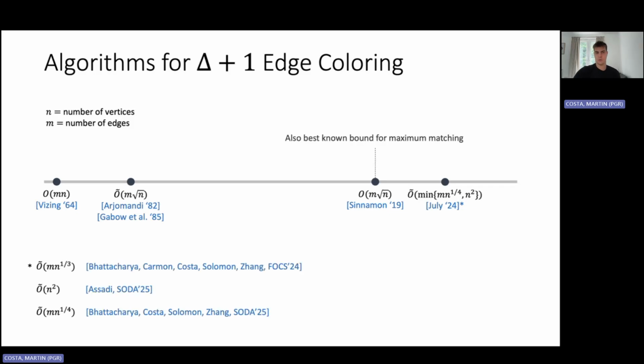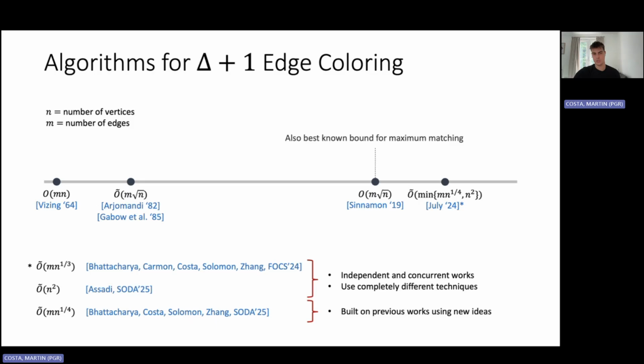Here there were two independent and concurrent works, one appearing at FOCS and one appearing at SODA, which use completely different techniques, and which one of these is faster or slower actually depends on the density of the graph being considered. And then there was a subsequent work which combined both of these two ideas and techniques, and also developed some different tools and gave a further improvement and obtained a running time of mn^(1/4).